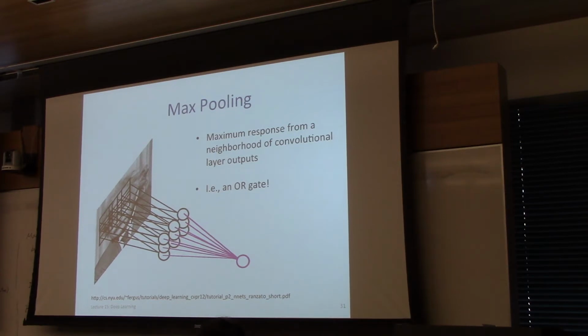Is the max pooling, does that constitute a new neuron? Different people will give you different answers for that. I tend to think of it as just part of this convolutional layer. Other people will tell you a different answer, say this is a completely separate layer. When you design an architecture of a deep neural network, you have to specify whether or not you want to max pool after this convolutional layer.